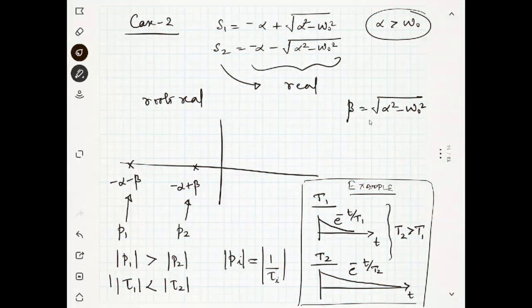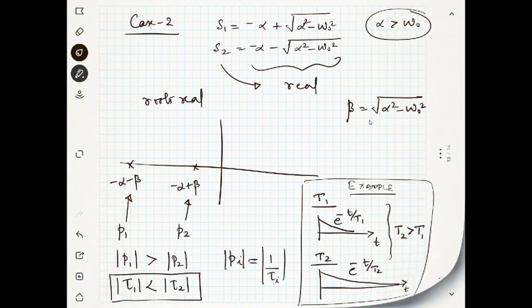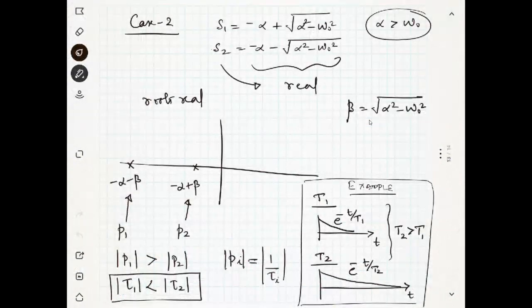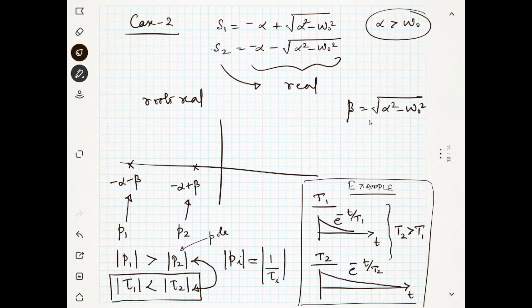So which one will dominate here according to our condition, T2 or T1? Doctor, what is the meaning of dominate? T2 dominates. Yes, T2 will dominate. So T2 dominating means which pole will dominate? Excuse me, I will come to that point, inshallah.